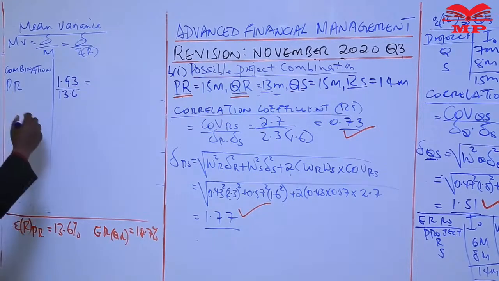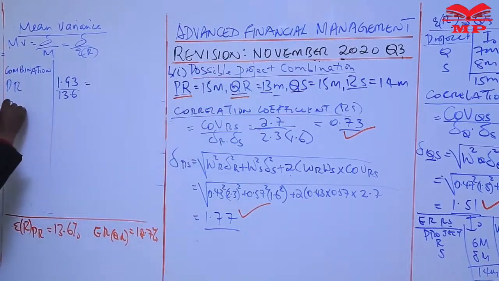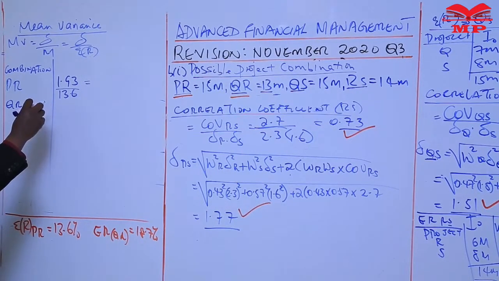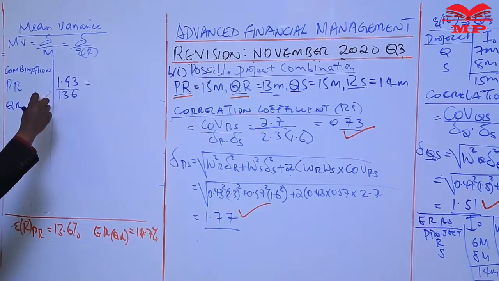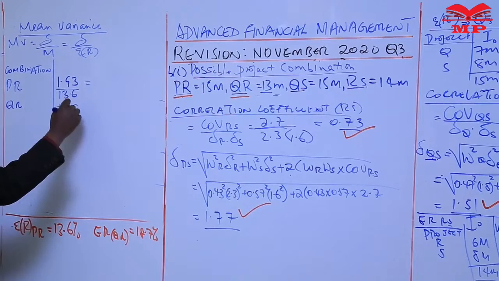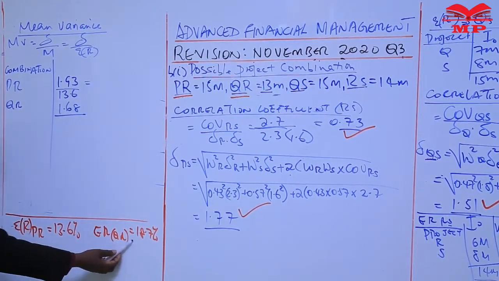The next combination is QR. The standard deviation for QR, we calculated it as 1.68, divided by the expected return for QR, 18.7.